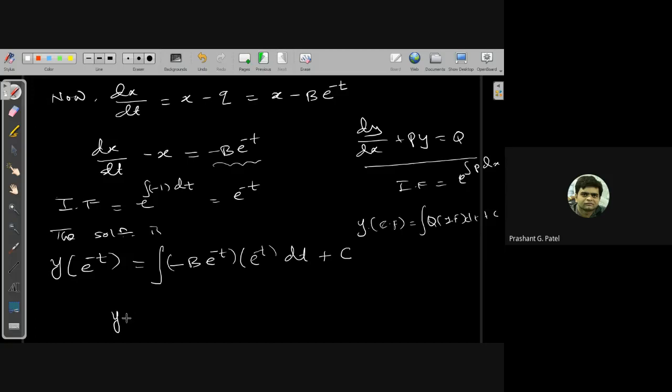So we will have x e power minus t is equal to minus b, the integration of e power minus 2t will be e power minus 2t upon minus 2, plus c. So finally you will have x equal to, this minus minus becomes plus, if I divide by e raised to minus t, that is b into e power minus t plus c into e power t.